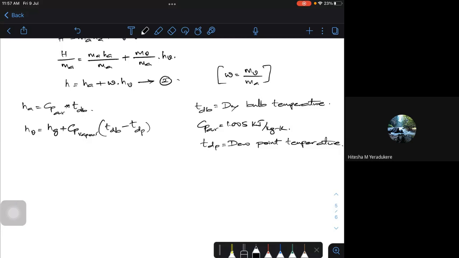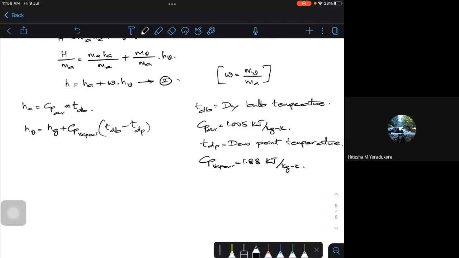It is something like a superheated condition. Now for Cp of vapor, if nothing is given in most problems, I can take this as 1.88, or sometimes they take it as 2 also.